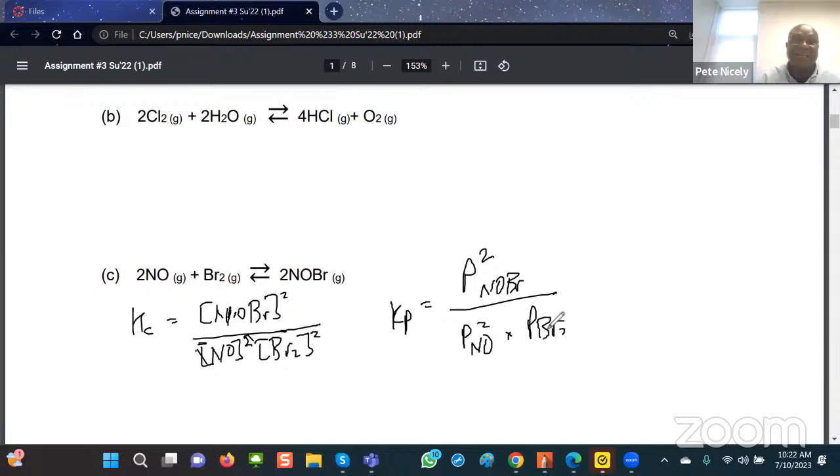And I just realized I made a mistake over here. This should not be squared. So let me erase that right now. Let me correct that. Yeah, this should not be squared. I don't know what I was thinking. All right.